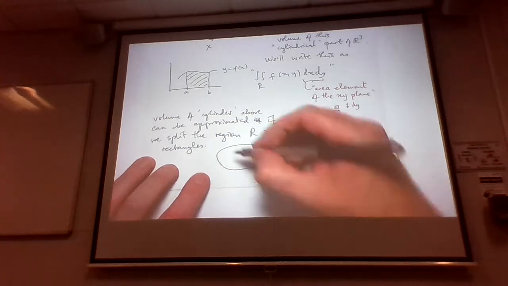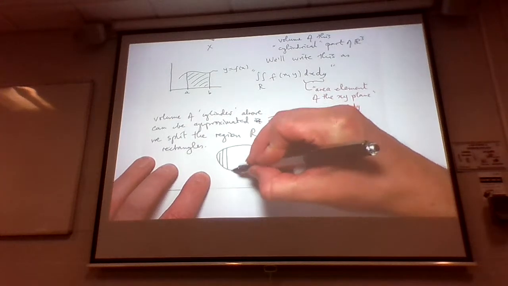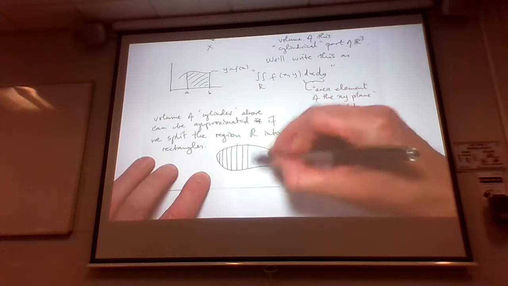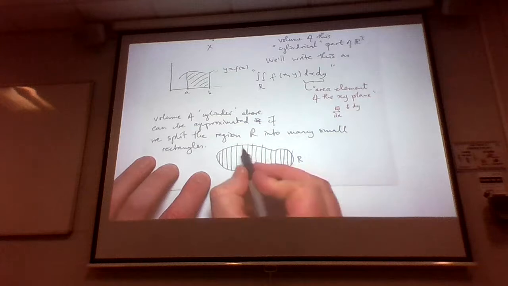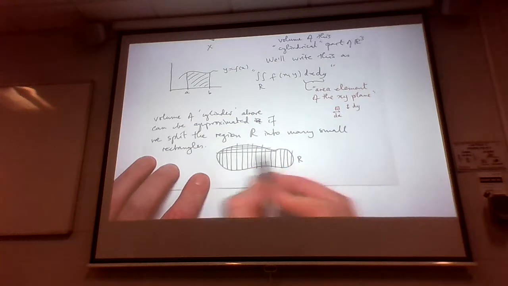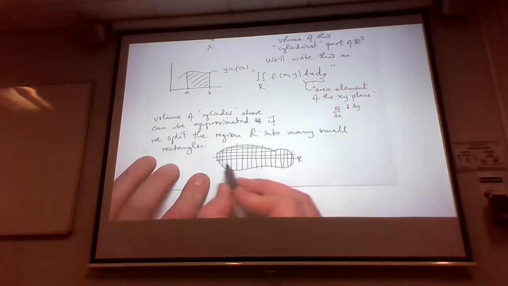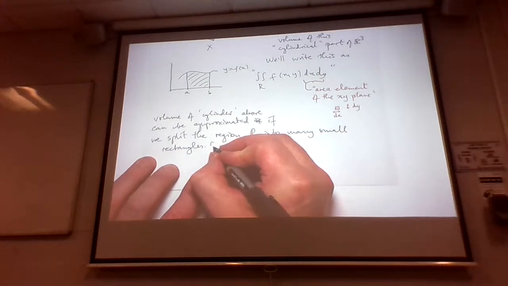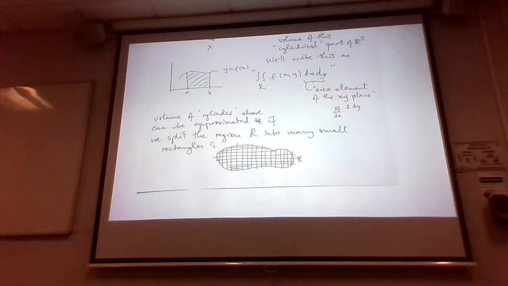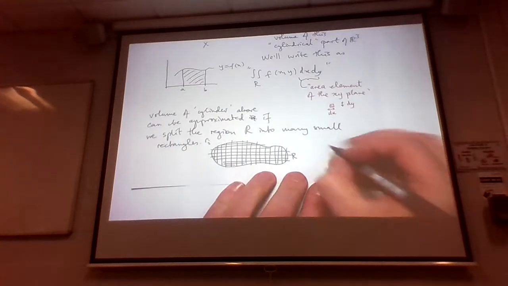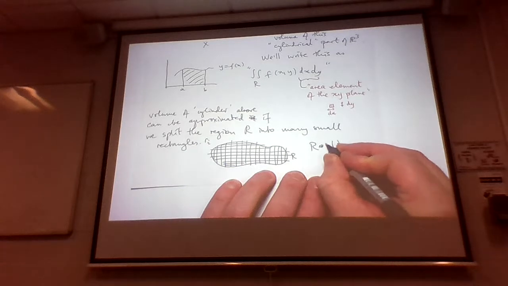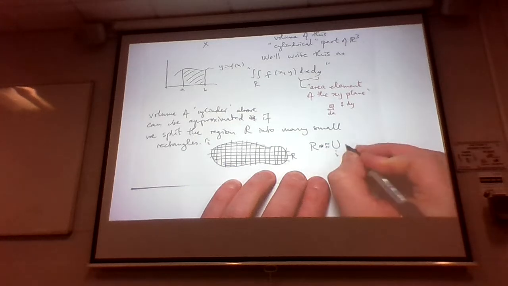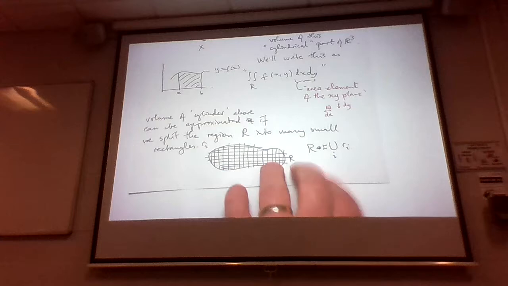Here's our R. We can imagine lots of vertical lines parallel to the y-axis, and lots of horizontal lines parallel to the x-axis, subdividing this into many small rectangles Ri. So R we can regard as approximately the union over i of the small rectangles Ri.